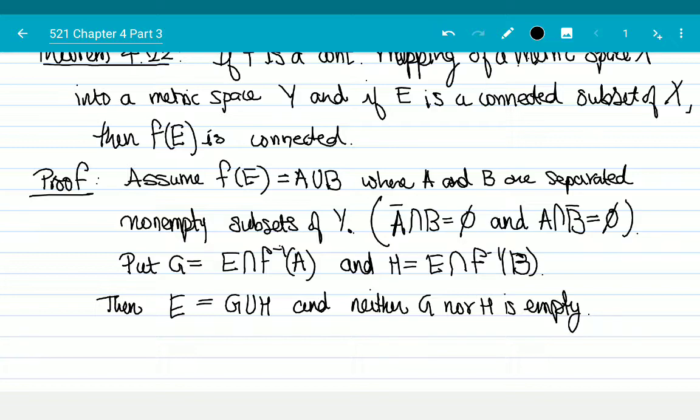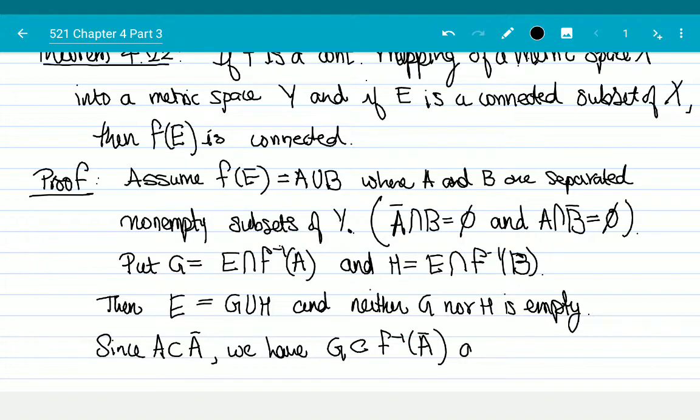Since A belongs to the closure of A, we have G is a subset of f inverse of A bar. Let me go step by step.